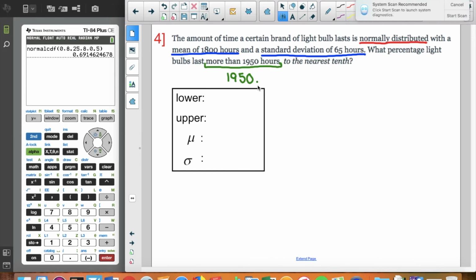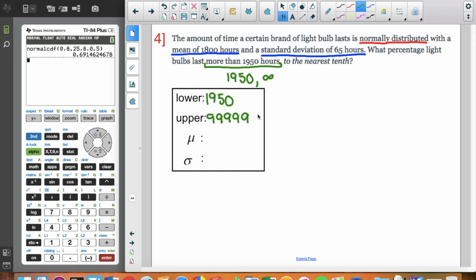We don't know how high these light bulbs can last. So, since we don't know how big this is going to be, we technically want to go to infinity. Now, with the thought that light bulbs can last forever, we can't type infinity into our calculator. So we know our lower is 1950. When you want to represent a really, really big number in your calculator, you just want to put in 999999999.